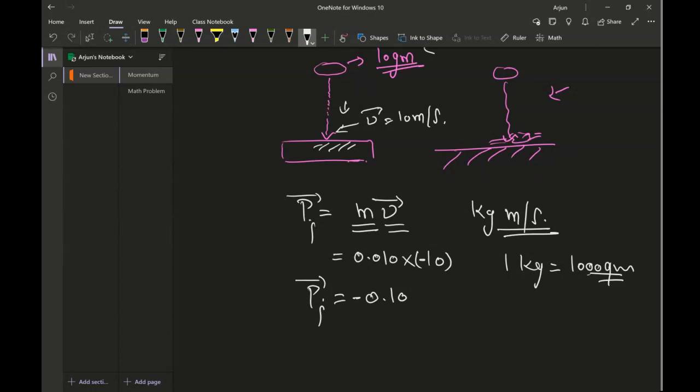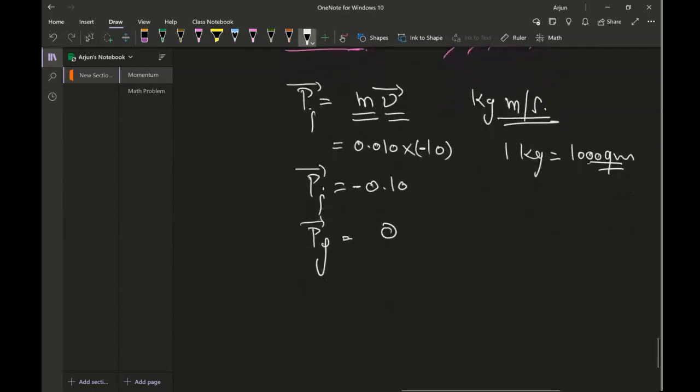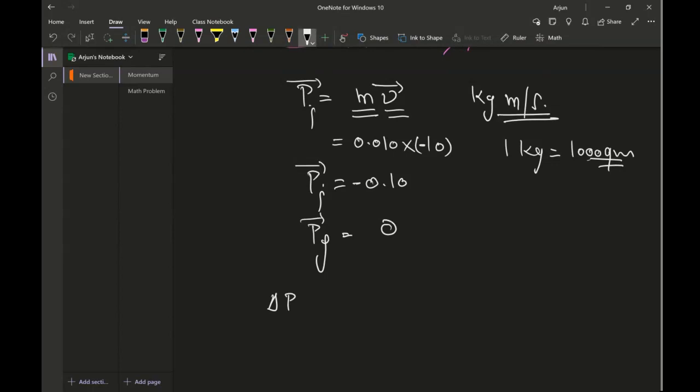And once it's going to strike the bed, it's going to come to rest. So the final momentum in that scenario, I'll call it 0. So what is the change in momentum in that case? Delta P is equal to P final minus P initial.